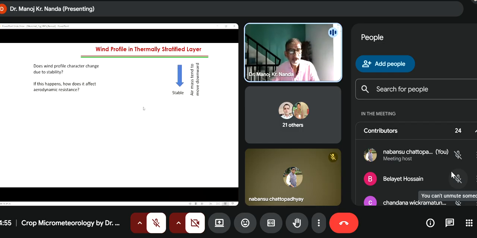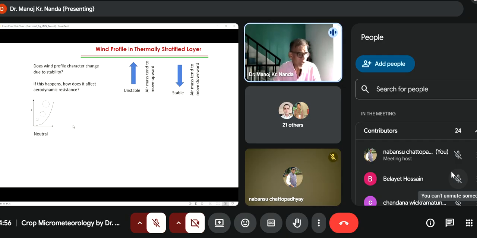But before going into the Richardson number, let us see in the wind profile how this thermally stratified layer behaves. You have an unstable condition and a stable condition. In stable condition, there is a downward trend of flow and air mass tends to move downward. In unstable condition, air mass tends to move upward. This is more convective.